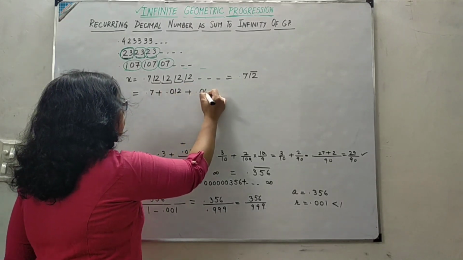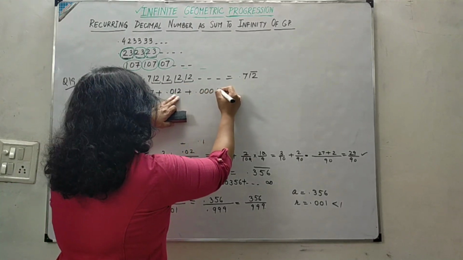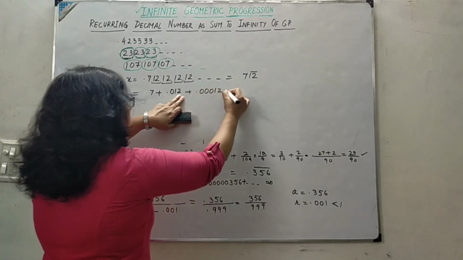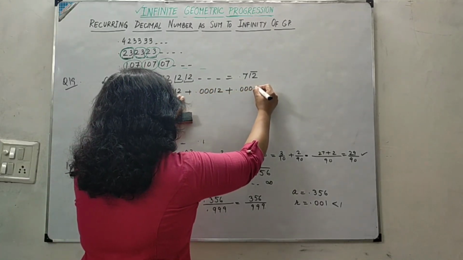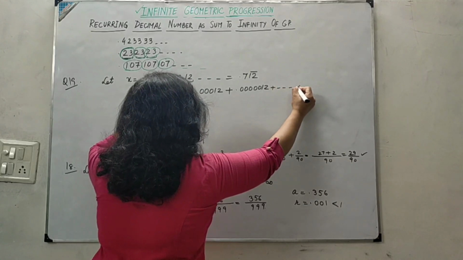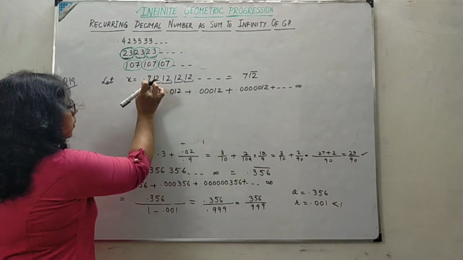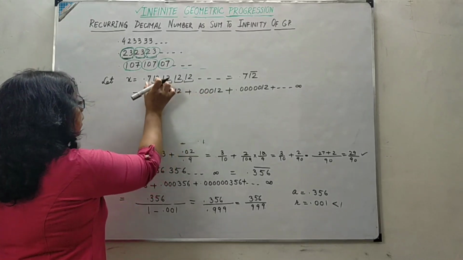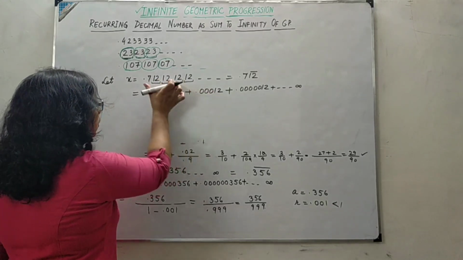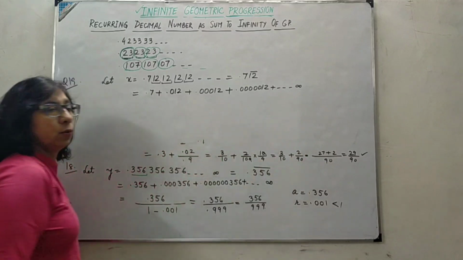After that 0.00012 and then 0.0000012 and so on up till infinity. You have to write it very carefully. There 0.012 is added next, and then 3 zeros and then 12, then 5 zeros and 12 and so on.